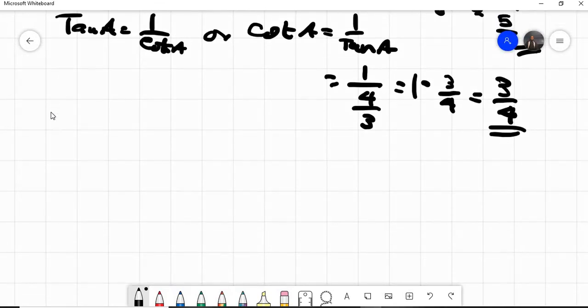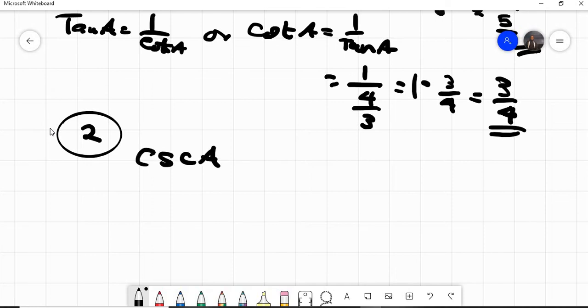Our second example, example number 2. They give us cosec A equals 8, and they ask us for the sine, the reciprocal.